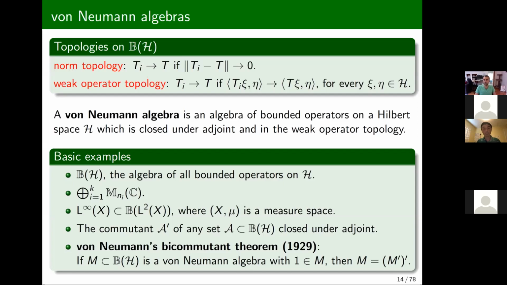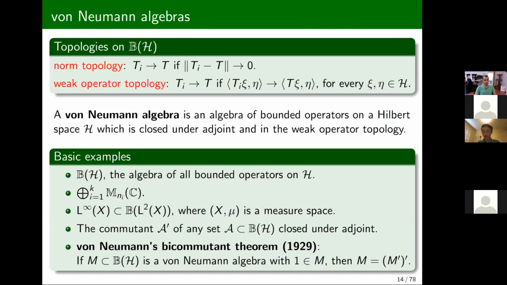So it's equal to the commutant of its commutant. So in particular, any von Neumann algebra is a commutant of something. Okay, so this gives you a few basic examples of von Neumann algebras: matrix algebras, more generally B of H, L infinity of X, and then this general construction through commutants.